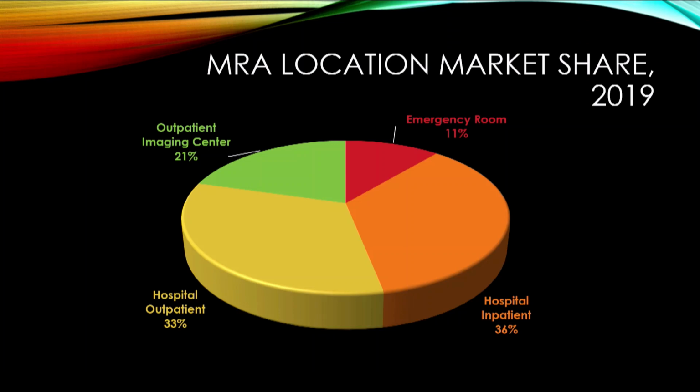Looking at the MRA market location, the majority of MRA exams in this population are done in the hospital, both inpatient and outpatient, around 30%, followed by outpatient imaging centers. And then due to the restrictions and time, only about 10% are performed in emergency room locations.